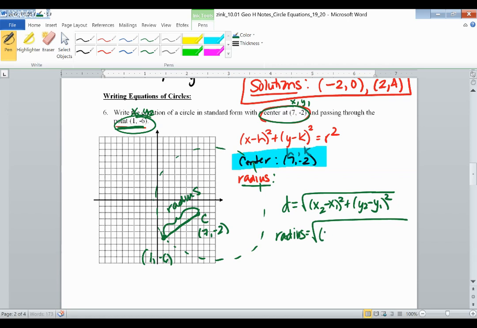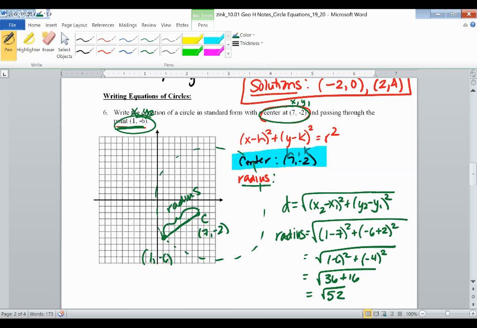So my x sub 2 was 1 minus 7 quantity squared, y sub 2 is -6 minus y sub 1 is -2, so that'll be +2 squared. And we're going to simplify these, so we get -6 quantity squared plus -4 quantity squared. Make sure the -6 and the -4 are both in parentheses. 36 plus 16 gives us rad 52.